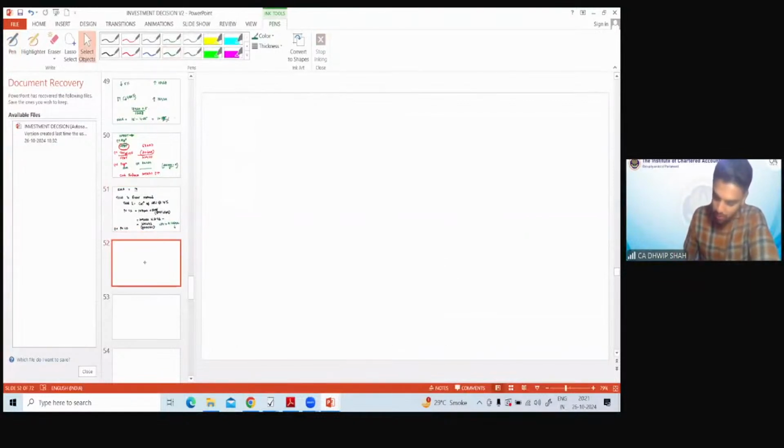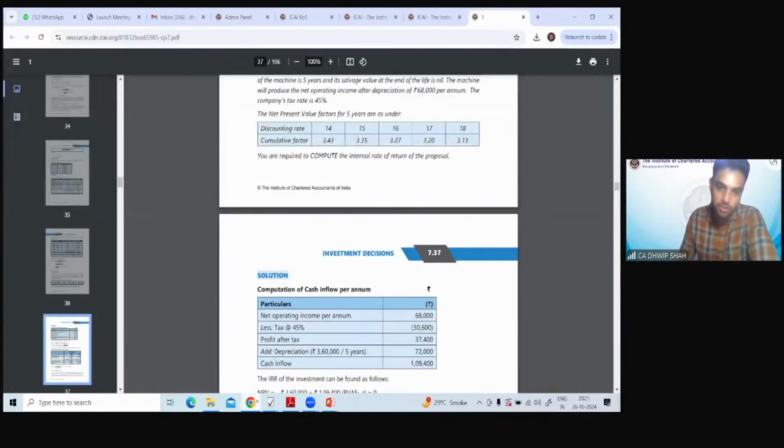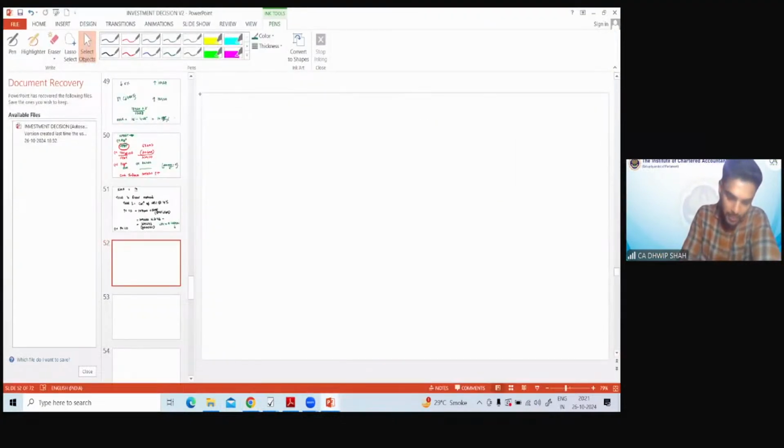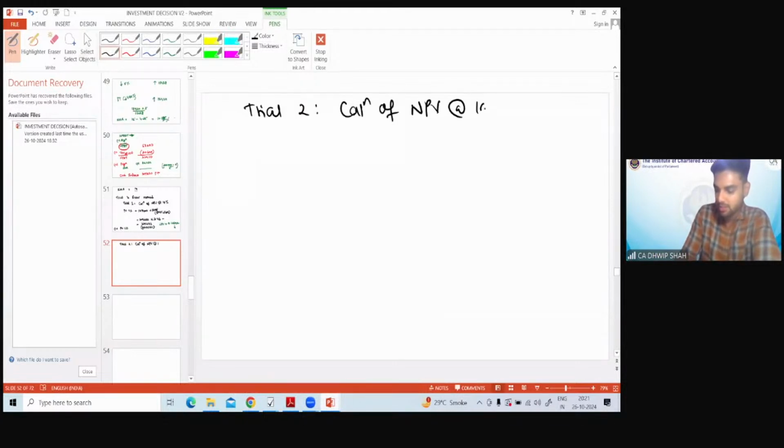You are free to take a gap of 1% also. You are free to take trial 2 at 15%. That's also fine. But I am taking a gap of 2. Trial 2. Calculation of NPV at 16%.